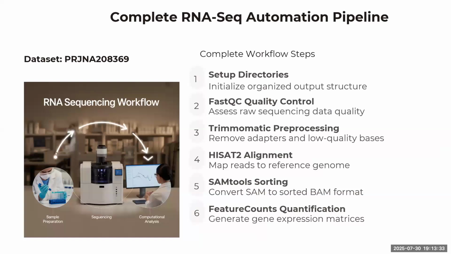Now, if we talk about the complete RNA-seq automation pipeline, while we are generating the Nextflow automation scripts, the very first thing, as we can recall from the previous session, is that we made the directories. We loaded the data into that using the wget command. And then from that particular directory, we used the FastQC tool.